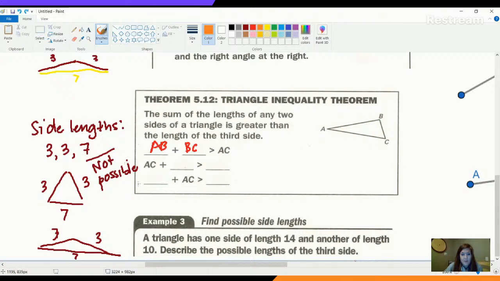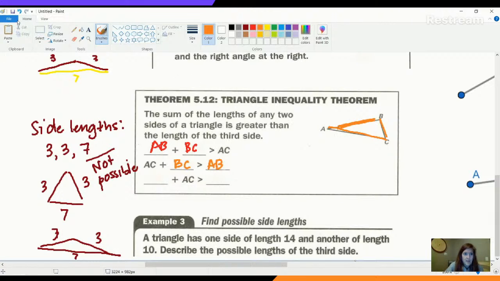So you have AB plus BC has to be bigger than AC. You also have that AC plus BC has to be bigger than AB. Are those 2 sides added together bigger than this side? That's AB over there.